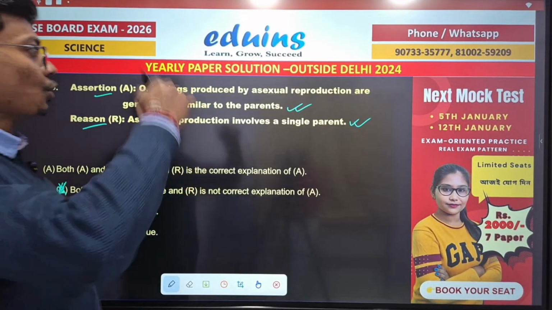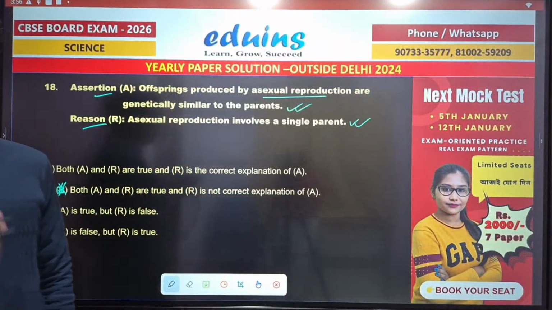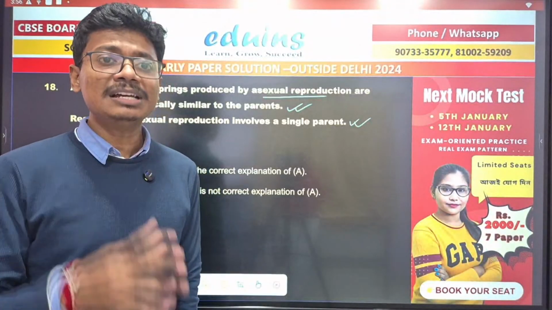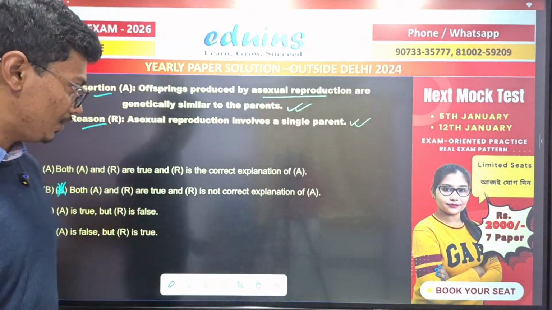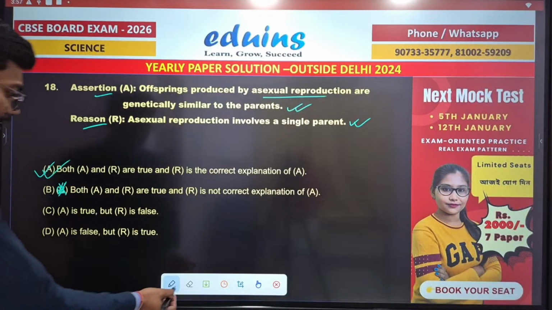This is also true. Since asexual reproduction is done by a single parent, that is why they are similar to their parent. So option A is the correct option. Clear? Okay, what is the next question?